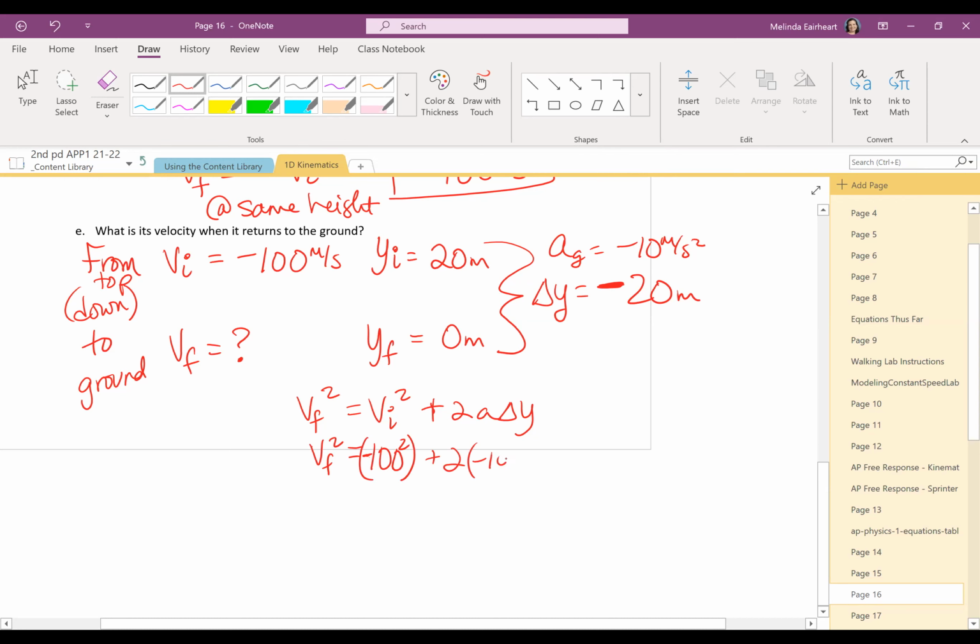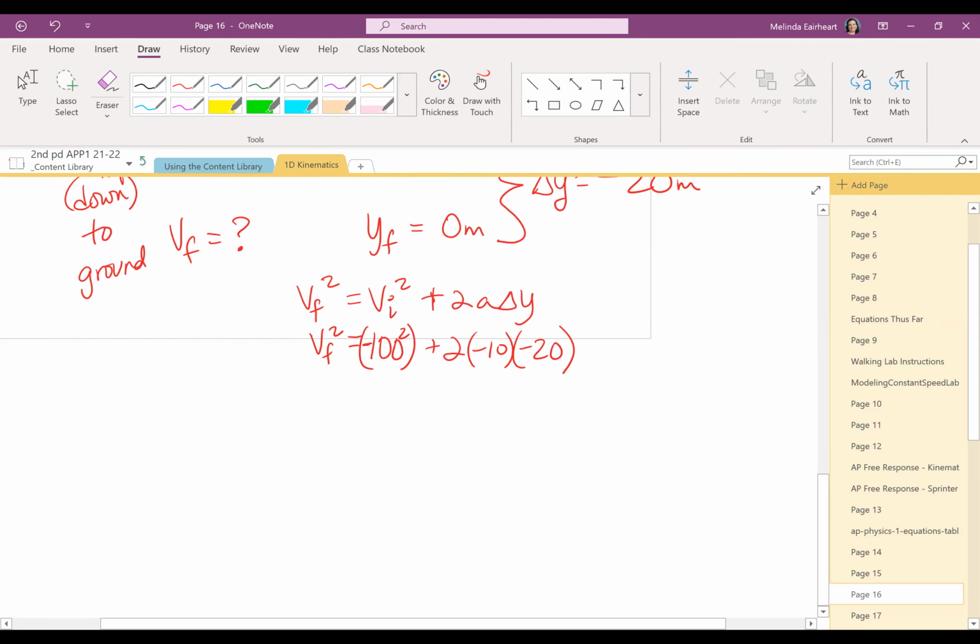Plus 2 times negative 10 times negative 20. That negative is going to go away as well. Negative times negative. And so 100 squared is 10,000 again, plus 20 times 20. Okay, so it feels very familiar, but we're not going to subtract anything.